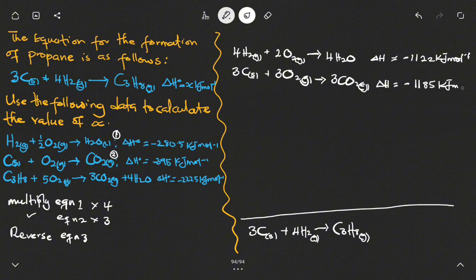kilojoules per mole. And the last one, we are reversing equation 3, and the first law says that we can reverse. However, the sign of the enthalpy change also needs to reverse.